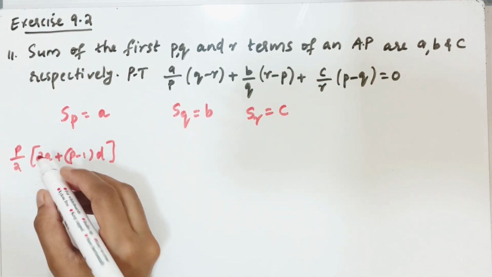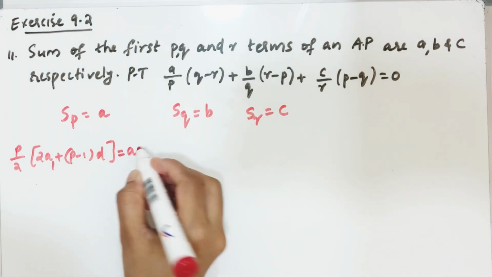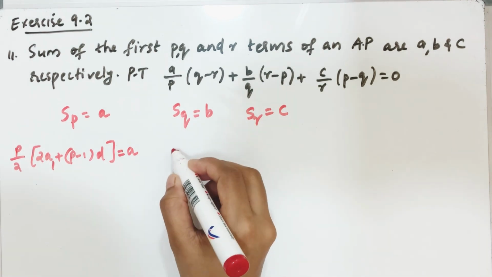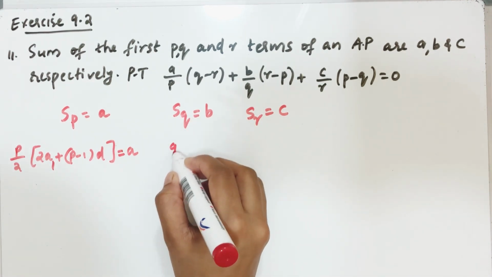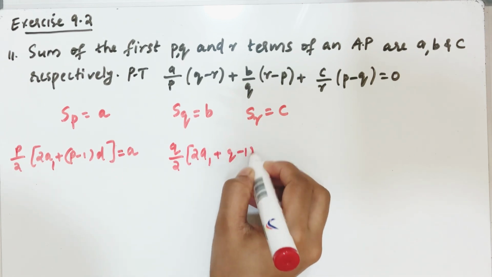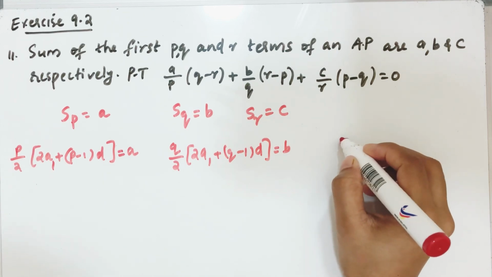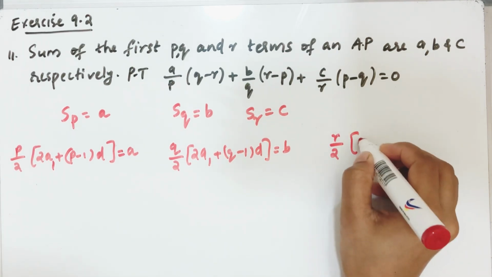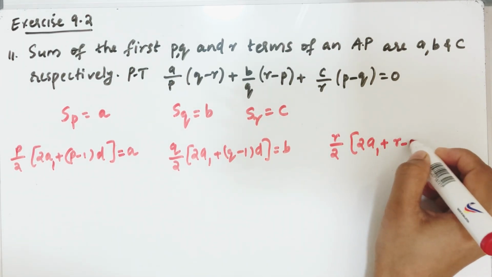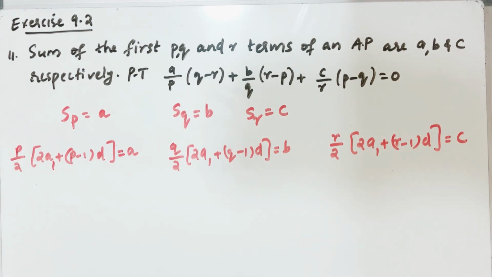Say we can take first term A1 equal to A. And what is SQ? Q by 2 into 2A1 plus Q minus 1 into D, which is equal to B. And what is SR? R by 2 into 2A1 plus R minus 1 into D, which is equal to C.